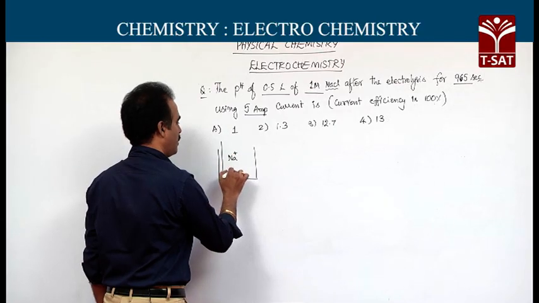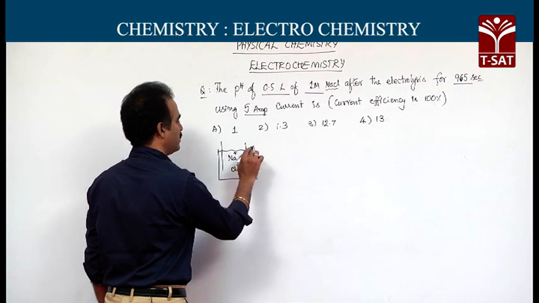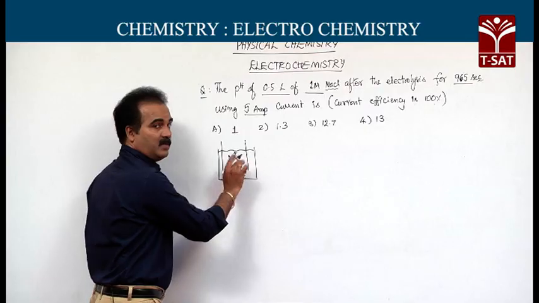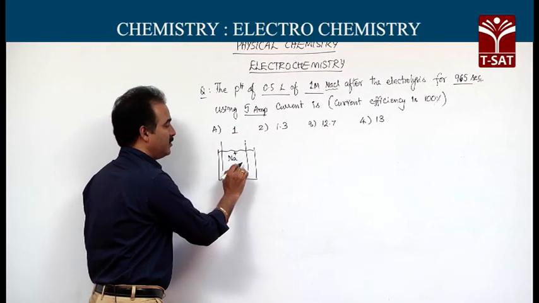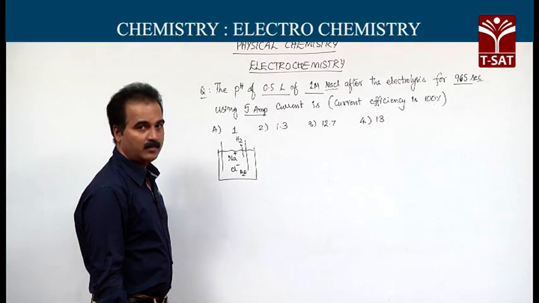So, when you take NaCl aqueous, there is water also, and when you subject this for electrolysis, sodium is not deposited here, it is hydrogen liberated here due to its better reduction potential.